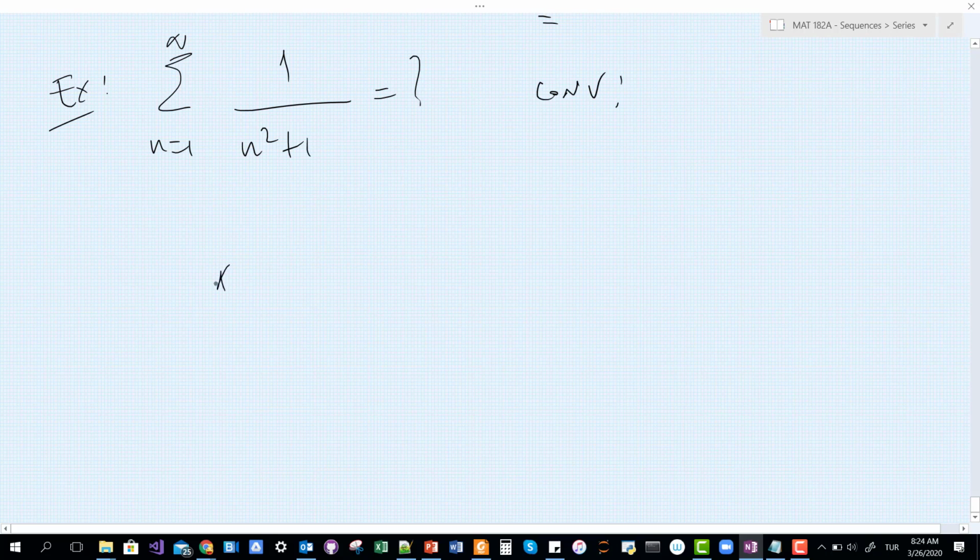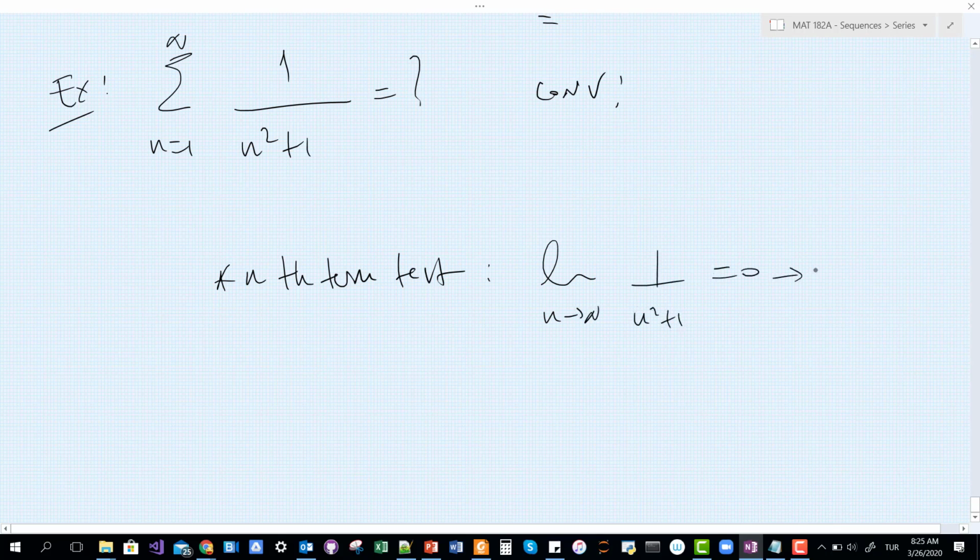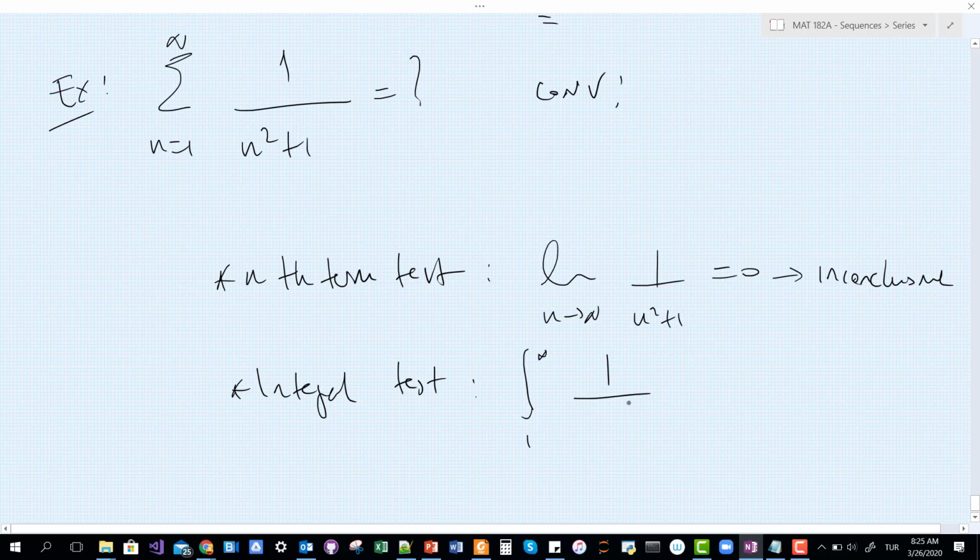Another example. If I use the n-th term test, the limit of the n-th term would be 0, so you cannot say anything about the convergence. But if I use the integral test, I should take the integral of this function.